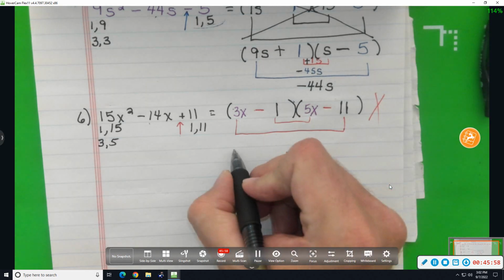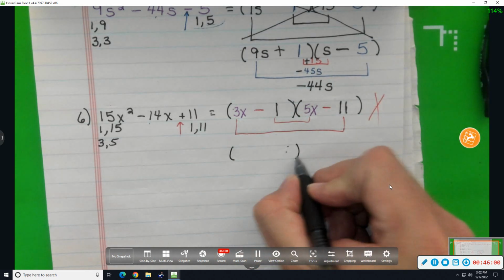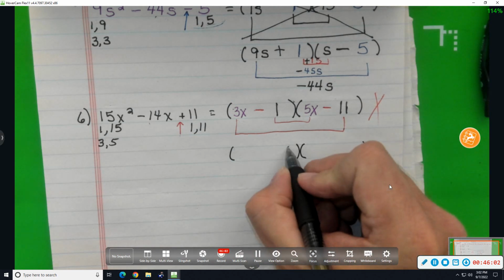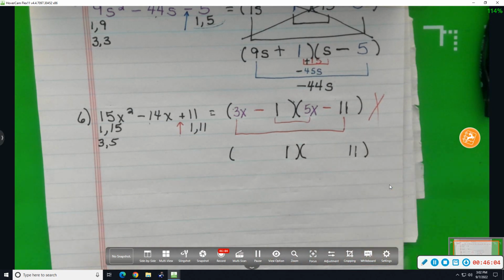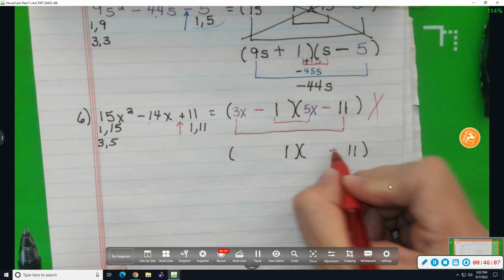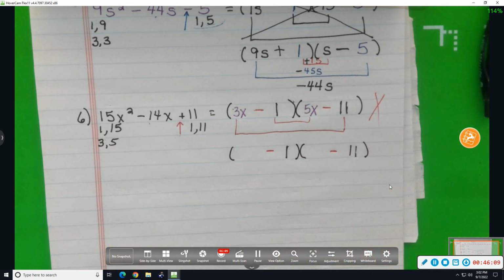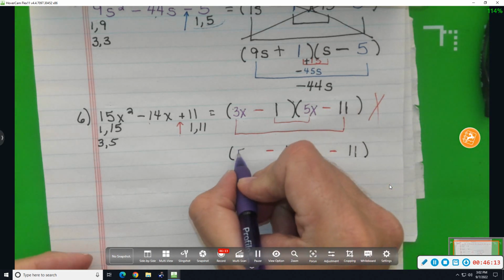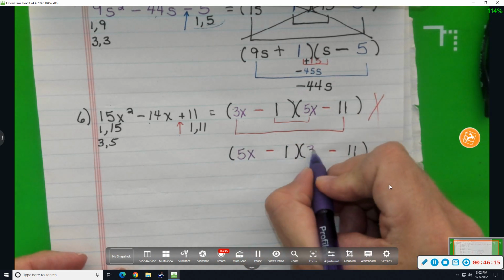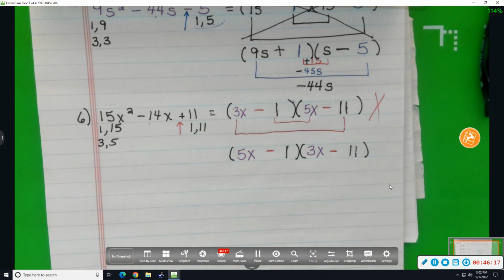And what I'm going to do is, let's try reversing the 3 and the 5. If I put the 5x here, and the 3x there, is that going to give me a negative 14x in the middle? What are y'all thinking?